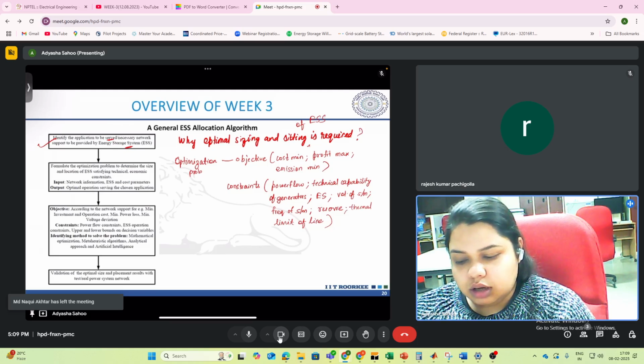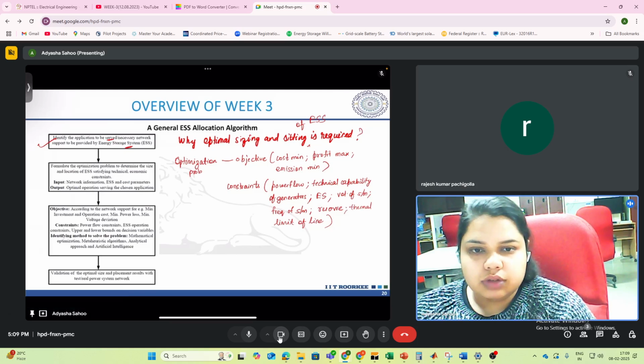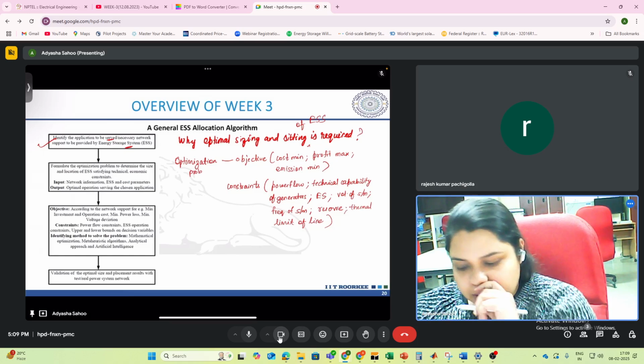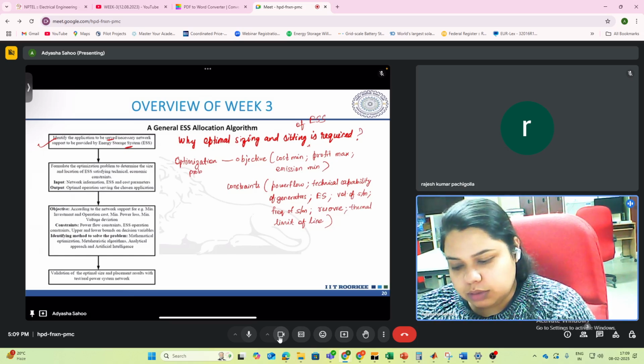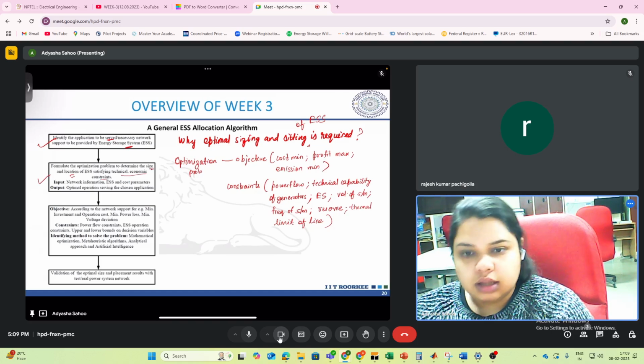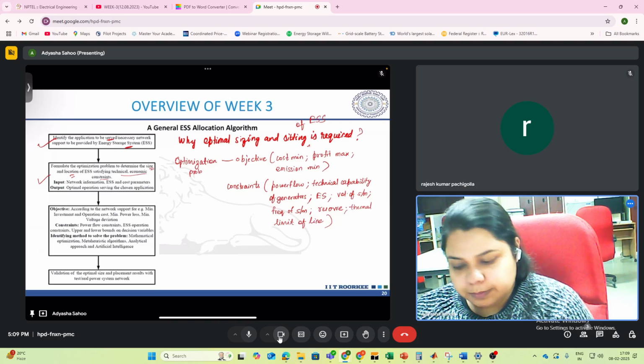So these all are some of the objectives, and you need to first identify what you want. And secondly, formulate the optimal size and location of the energy system, satisfying the various technical and economical constraints that I said here, right?